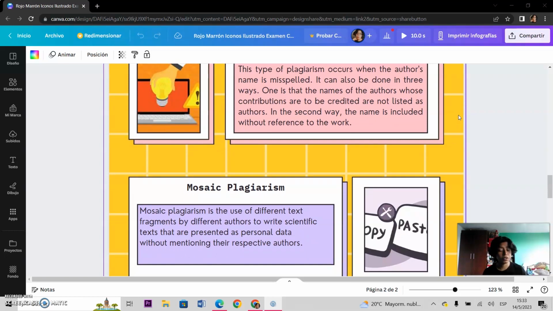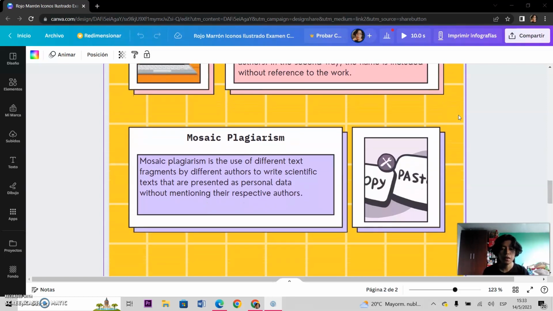The third way is a combination of the first and second, occurring simultaneously: the authors whose contributions are to be credited are eliminated, and the names of those who did not contribute to the work are listed. It is also possible for these errors to be made when someone else edits the manuscript, leading to substantial change.